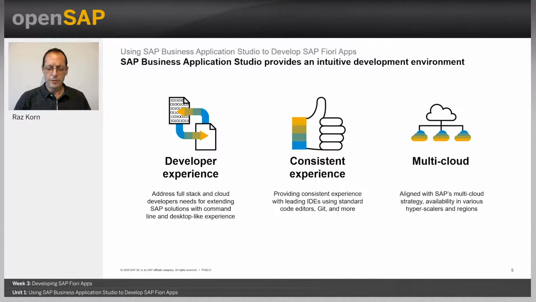It is all achieved through the underlying technology that makes it easy to use extensions from the market. This allowed us, for example, to provide better support for developing with Java and Node.js and to include command line interface in the product. An additional motivation was to provide a development environment that can be made available through various hyperscalers and in various regions, which is well aligned with SAP's multi-cloud strategy.